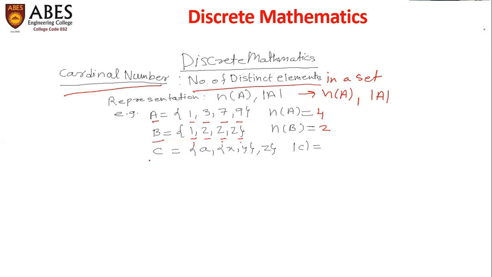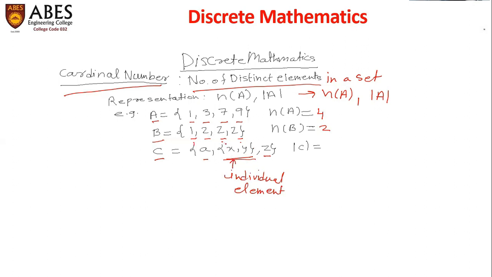And in the case of set C, there are three elements: a, z, and this one, which is a set that acts as an individual element.